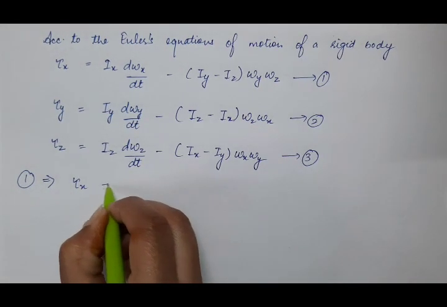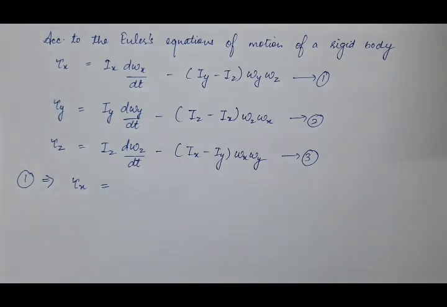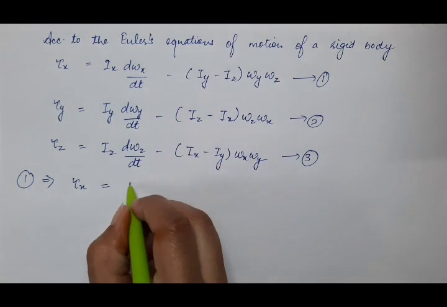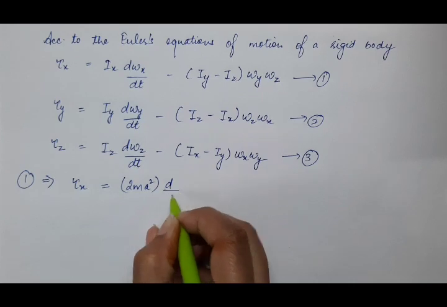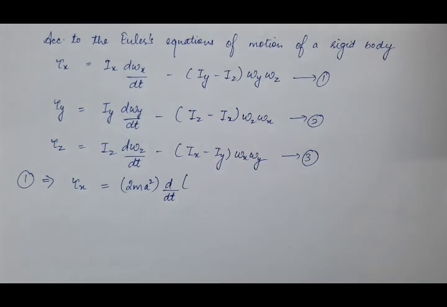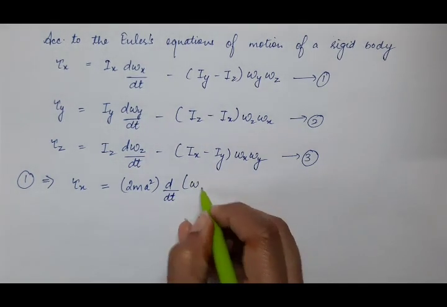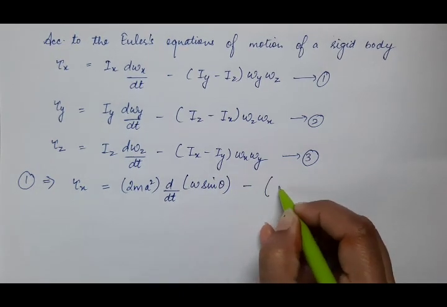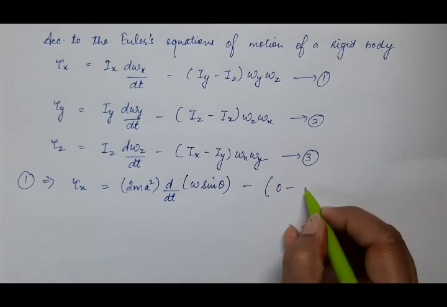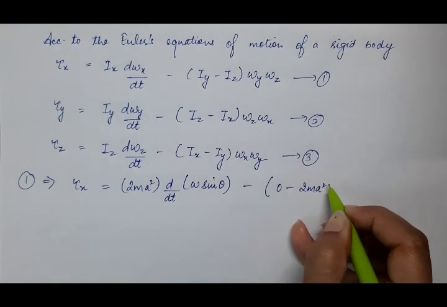tau x, the x component of the torque, and it will be equal to, what is the value of Ix? It is 2ma square d by dt of the value of omega x, which is omega sine theta, minus Iy, which is 0, minus Iz, which is 2ma square.